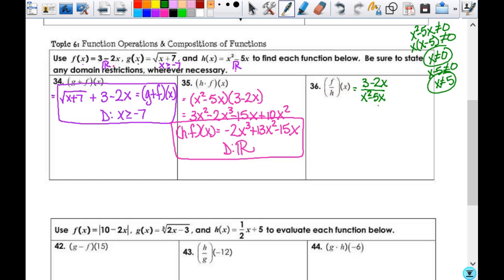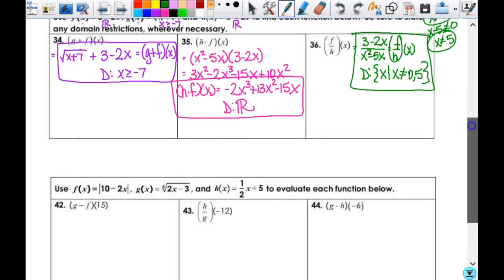I mean, I can factor an x out of the denominator, but it won't cancel anything with the numerator. So this is f over h of x. And my domain is all of the x's such that x does not equal 0 or 5. Okay, and this is my answer here.